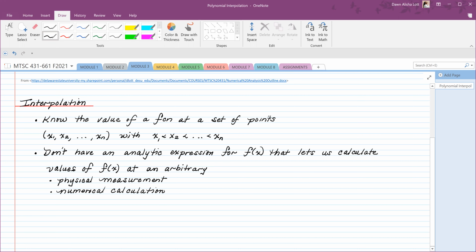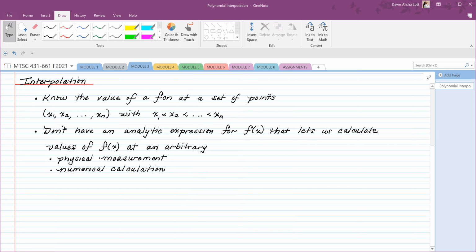And often the xi's are equally spaced, okay, but not always.